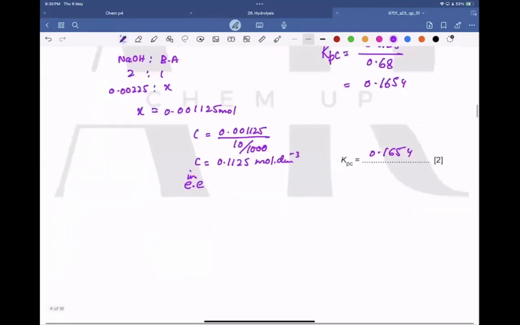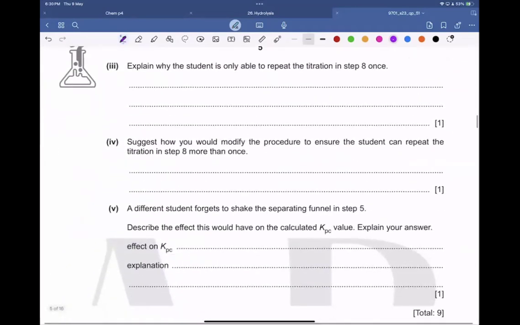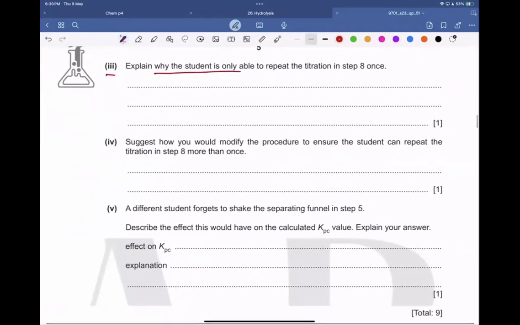So now next part. Explain why the student is only able to repeat the titration in step 8 once. Okay.